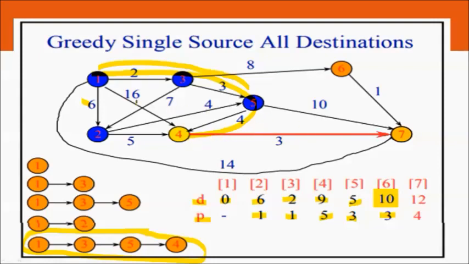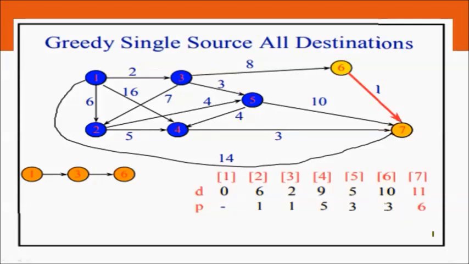So checking this one, 2 plus 3 is 5, plus 4 is 9, plus 3 is 12. Okay, just follow this direction, so you're not going to be misled. Now the previous vertex, what is our predecessor? Vertex 4. Okay? So this is the single source of all destinations.